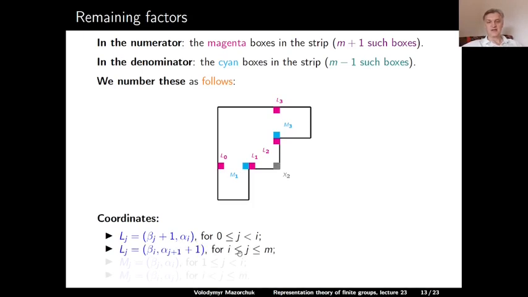If j is greater than or equal to i, then the box Lj lies in the same column with xi and has coordinates beta i, comma, alpha j plus 1 plus 1. Similarly, if j is smaller than i, the box Mj has coordinates beta j, alpha i, and if j is greater than i, then the box Mj belongs to the column of xi, so it has coordinates beta i, alpha j.